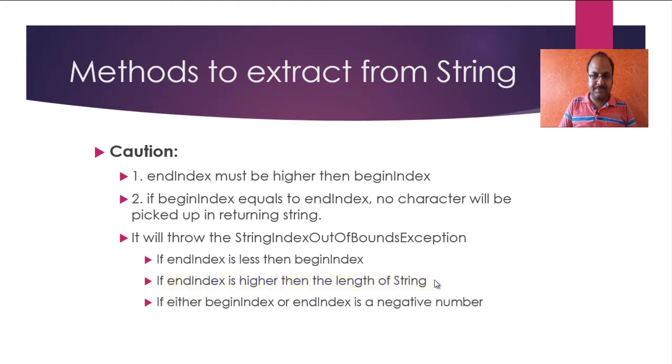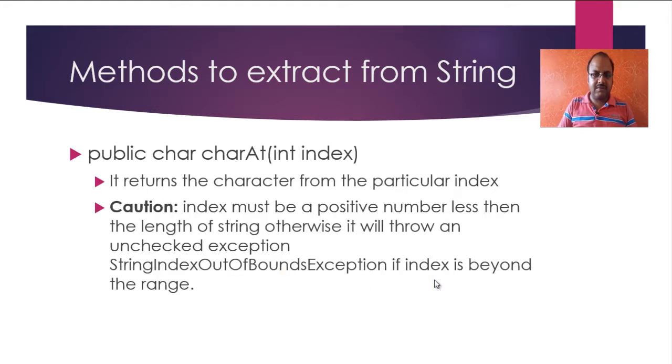Let us go ahead. The next one I have is the charAt method. The charAt method takes an integer value and returns the character at that index. But you should take care that the index must be a positive number and less than the length of a string. Otherwise it will throw an unchecked exception, the same string index out of bounds exception.